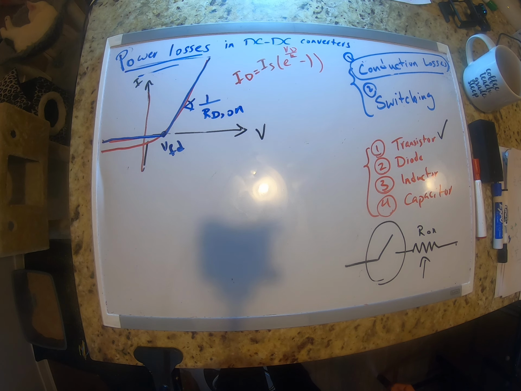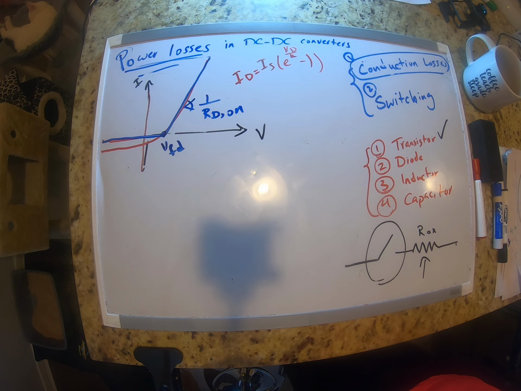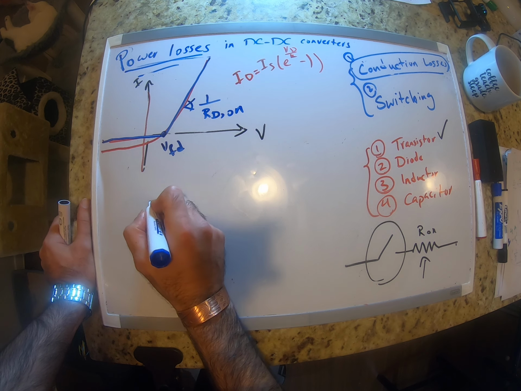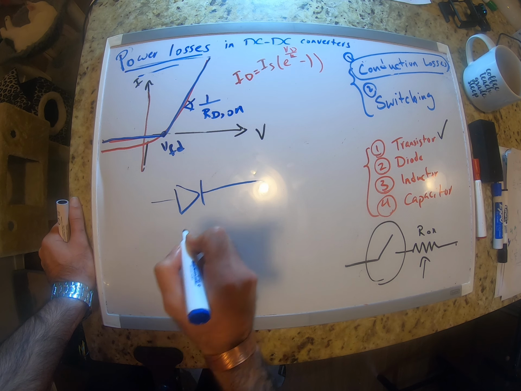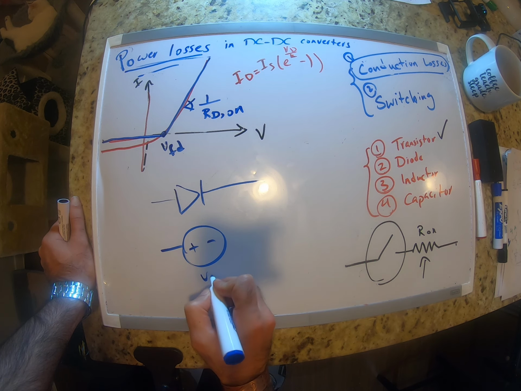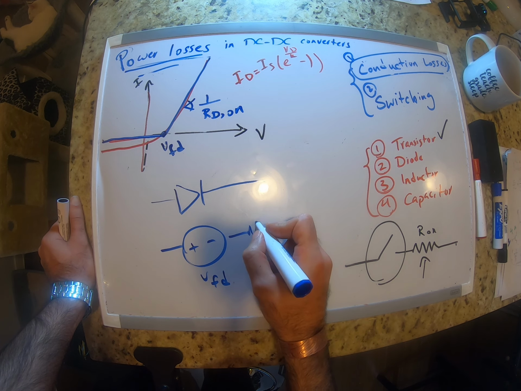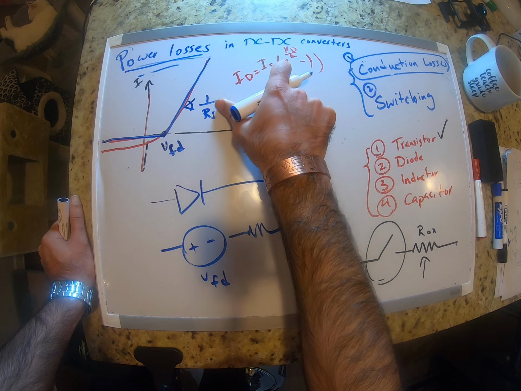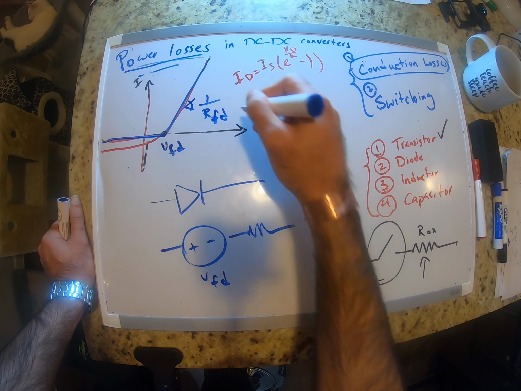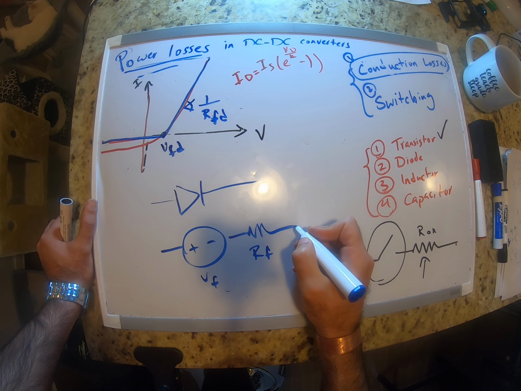When we want to calculate the losses of a diode, we model the diode like this. We have a forward bias voltage, and we also have a resistance, let me call it R_F, or V_F and R_F.